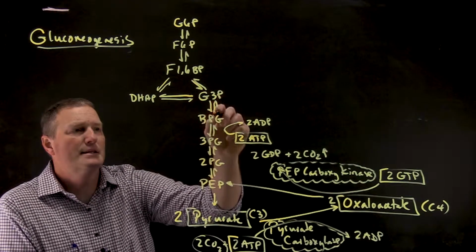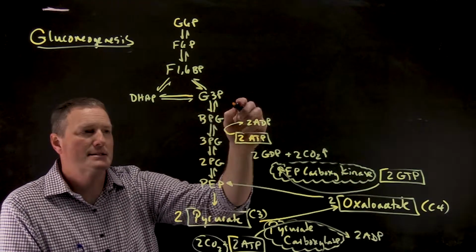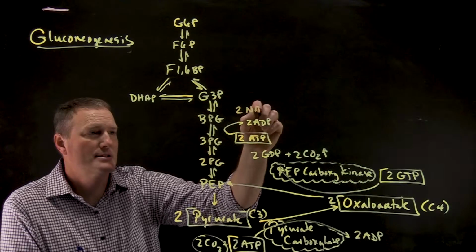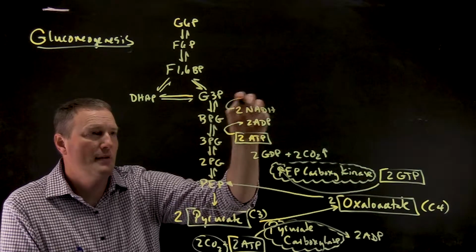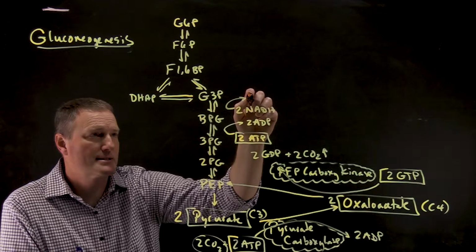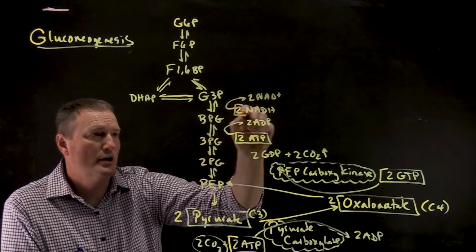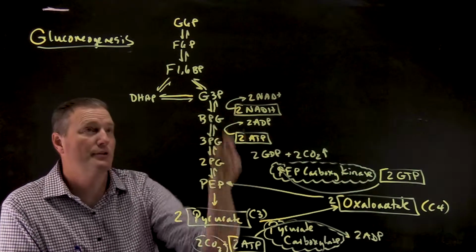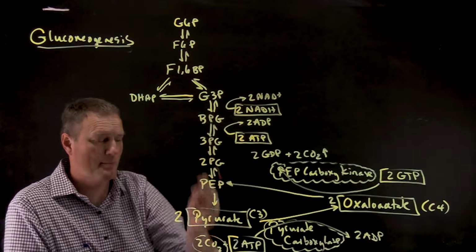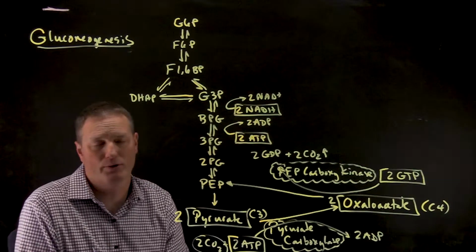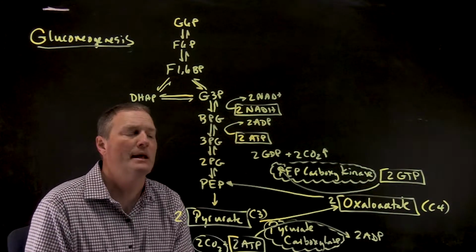Next, in this conversion here, there is a loss of NADH. So we're going to take 2 NADHs, and these will be converted back to NAD+. Okay, so in order to build molecules of glucose from pyruvate, it's going to require another energy molecule in the form of NADH.